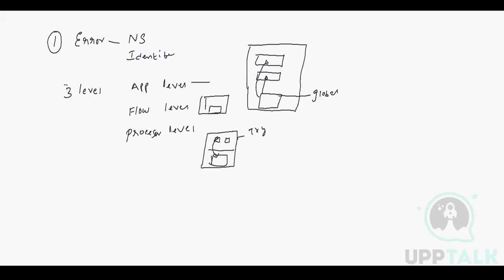One quick question. You explained application level, flow level, and processor level very well. I remember how to define the error handler at the flow level and the component level, but I forgot how you define errors at the application level.